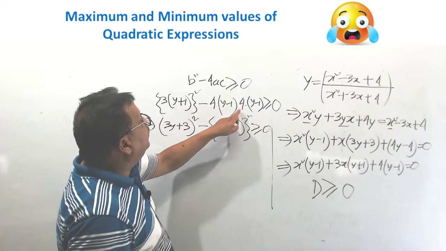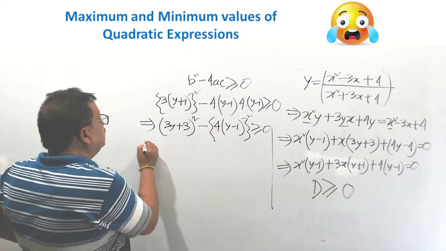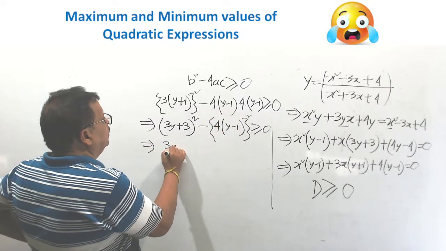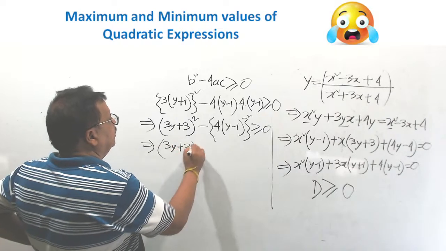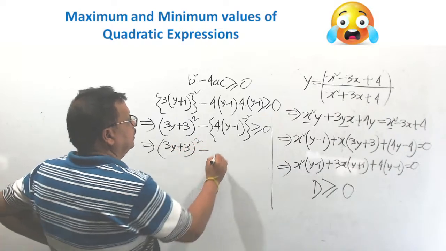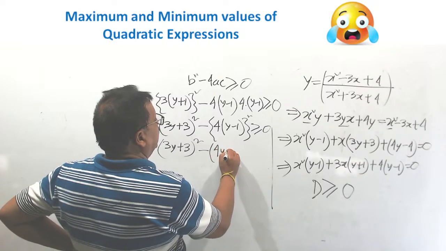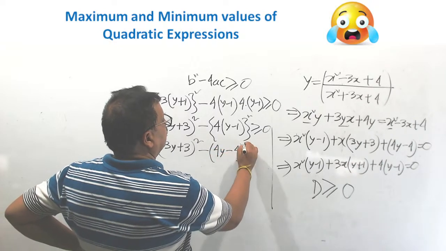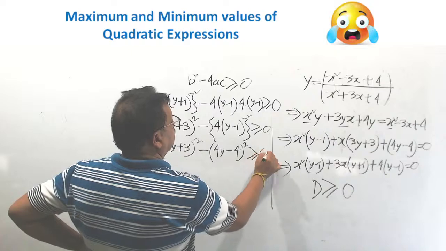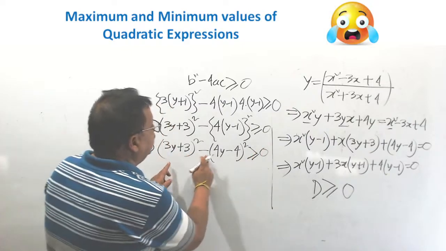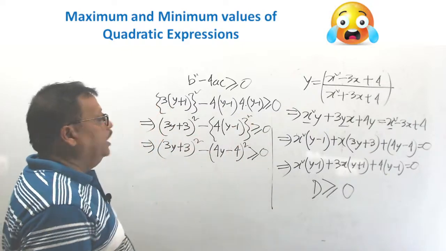4 square, 4y whole square. That means 3y plus 3 whole square minus 4y minus 4 whole square is greater or equal to 0. Understood? A square minus b square is a plus b into a minus b.